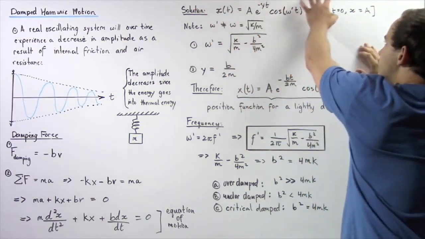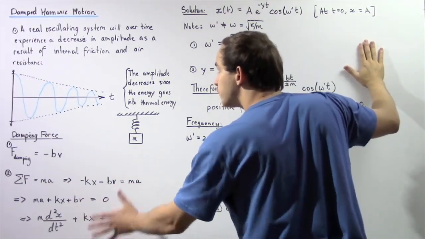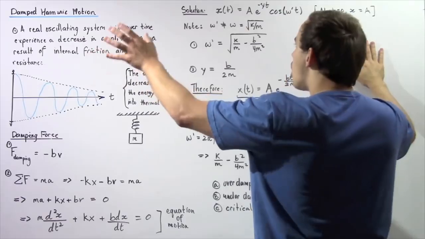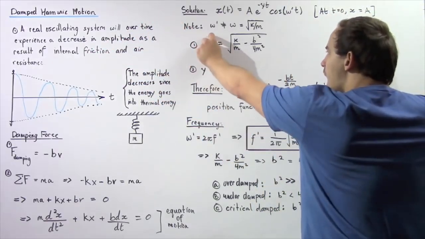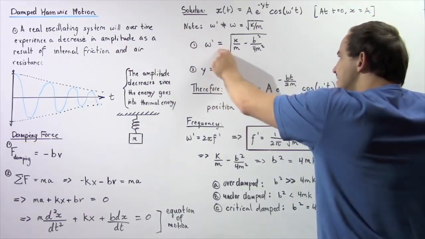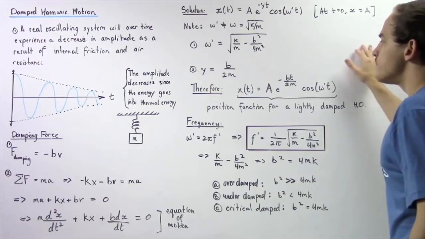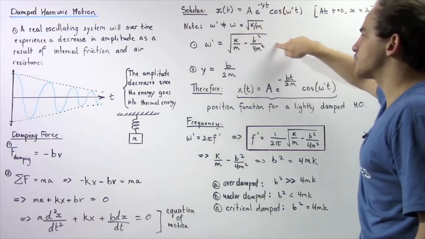This general formula is a solution to this equation of motion for objects experiencing damped harmonic motion only if our omega prime, our angular frequency for damped harmonic motion, is equal to the square root of k divided by m minus b squared divided by 4m squared.